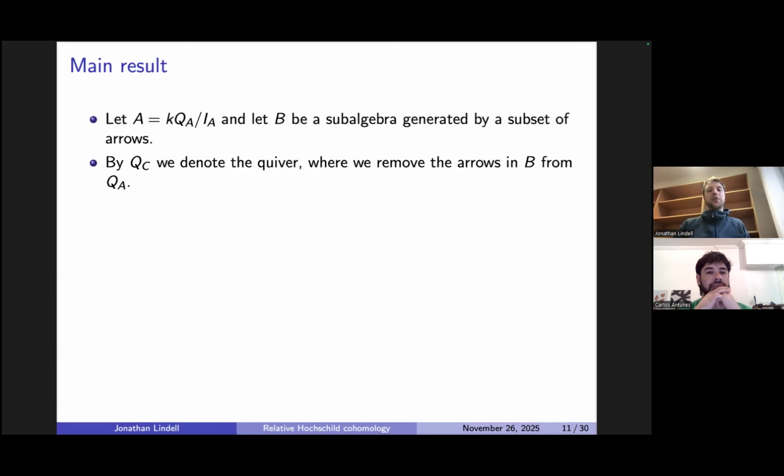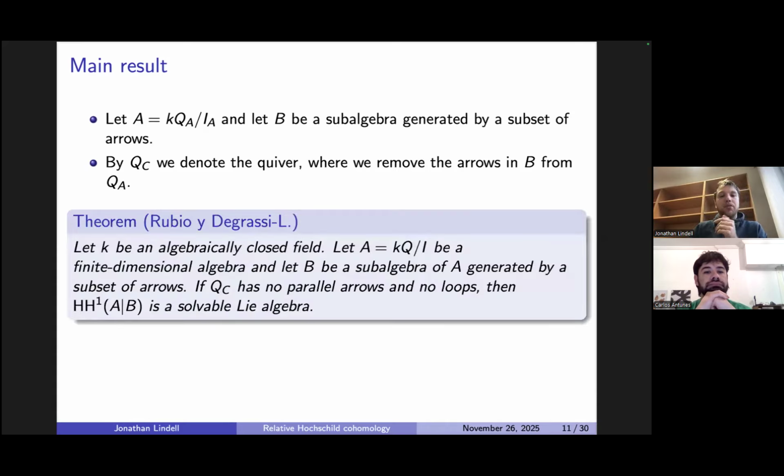Then we denote by Q^C the quiver where we remove all the arrows in B from the arrows in A. So we don't remove the idempotents, but we take away the arrows that we have in B from A.